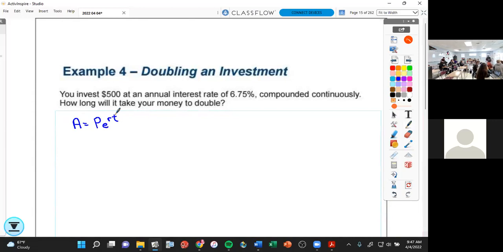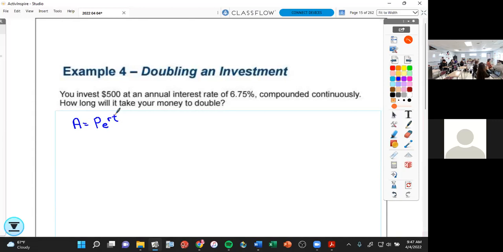Okay. What is the formula for continuous compounding? For this problem, what is A going to be? No, I want to know how long it's going to take. I'm looking for T. What does A need to be? A is after, right? So how much money do I have after?